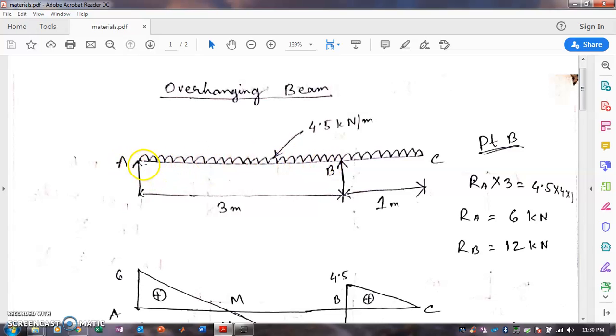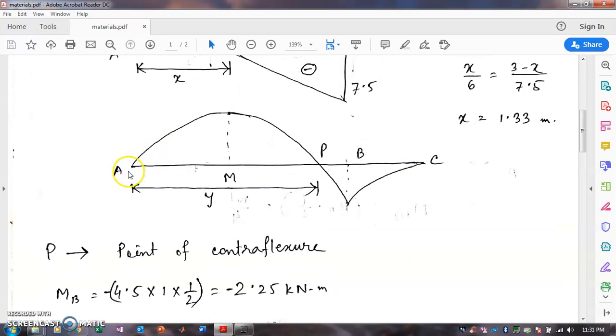So now what will happen? This portion is a simply supported beam with a UDL, so it will also be a parabolic curve, and the parabola meets at this point. Bending moment due to the cantilever is negative, and bending moment due to the simply supported beam is positive.